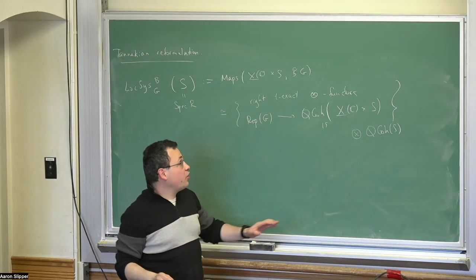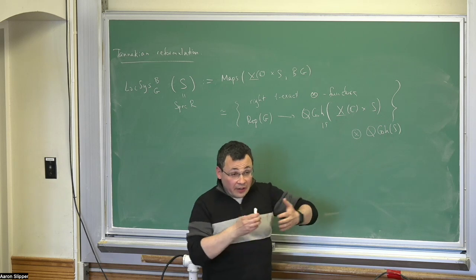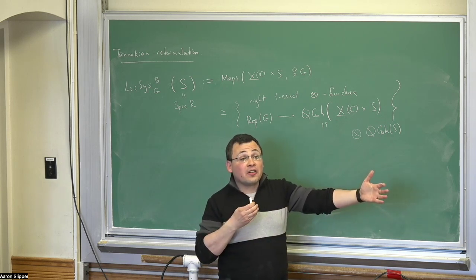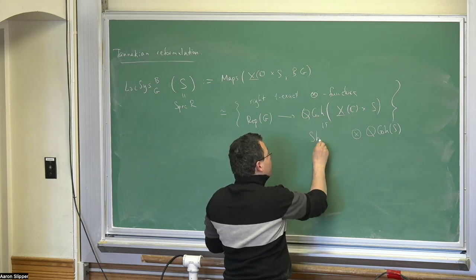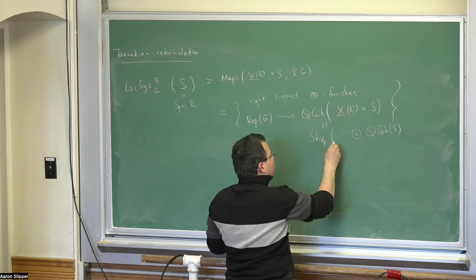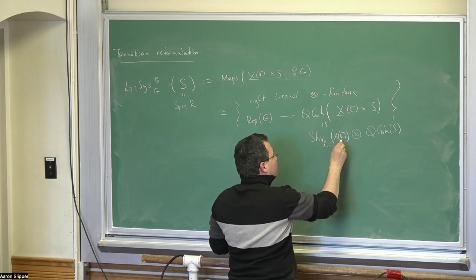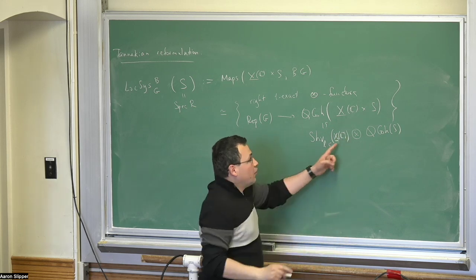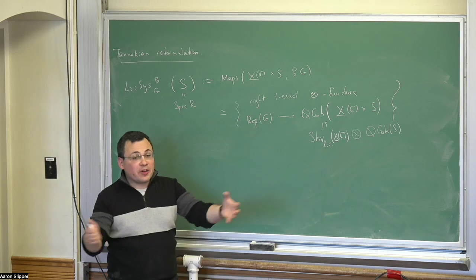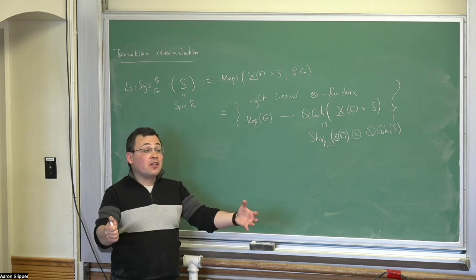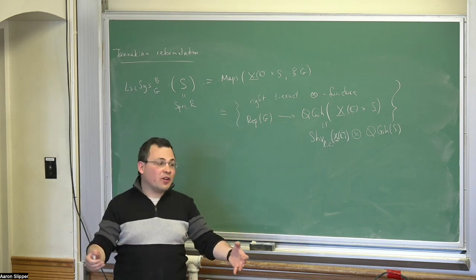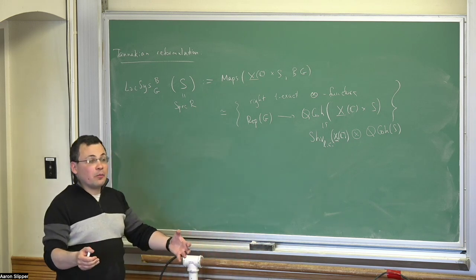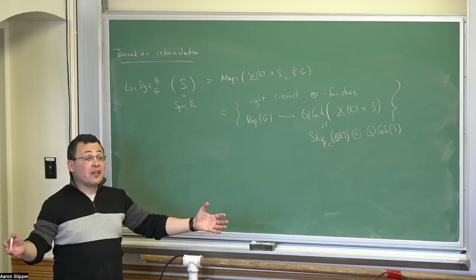So let me say, first of all, in the S direction it will be quasi-coherent. And quasi-coherent sheaves on this, let me write it like this, is sheaves on the homotopy type which are locally constant. I want to avoid the word local systems because I'm allowing infinite rank.